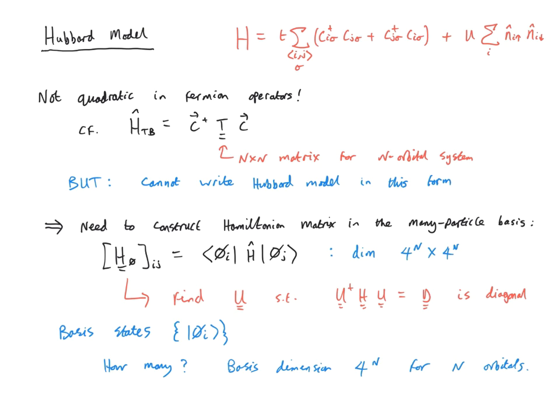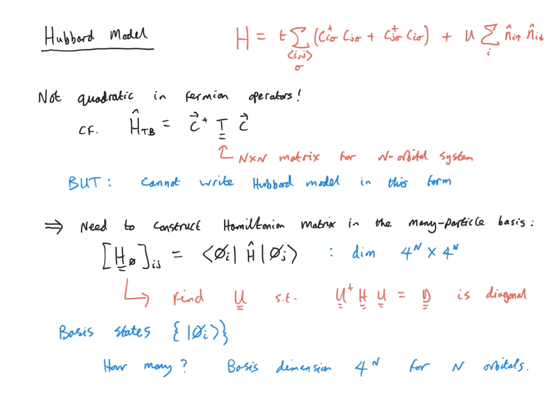But 20 orbitals is nothing like what we need to understand the properties of a condensed matter system with 10 to the 23 electrons. It's nothing like what we need to understand what's going on in the lattice. For example, let's say I have a 3D cubic lattice.